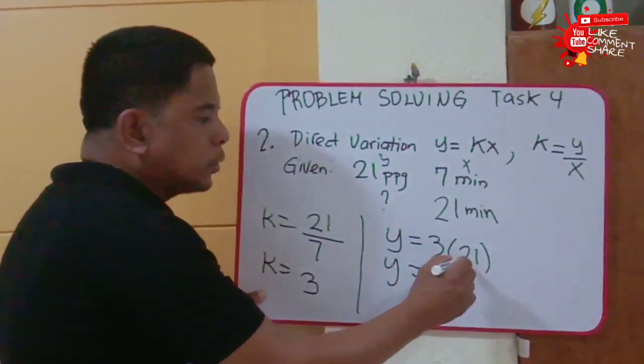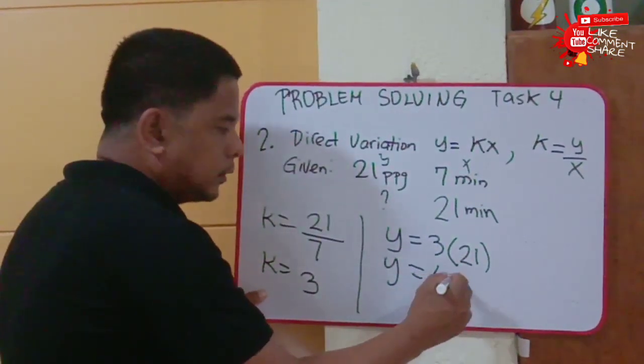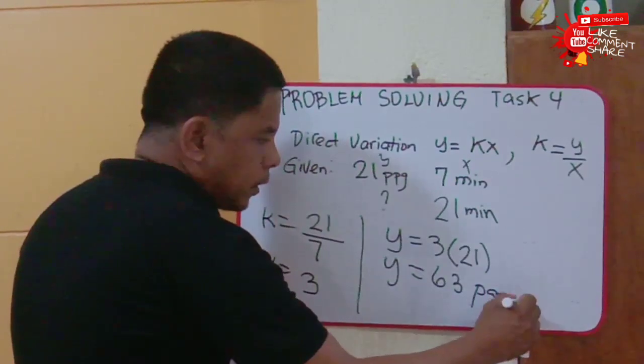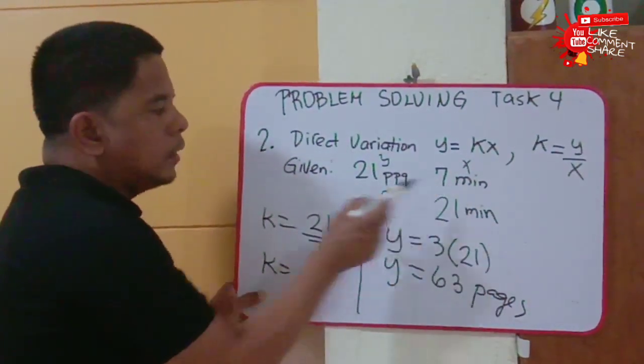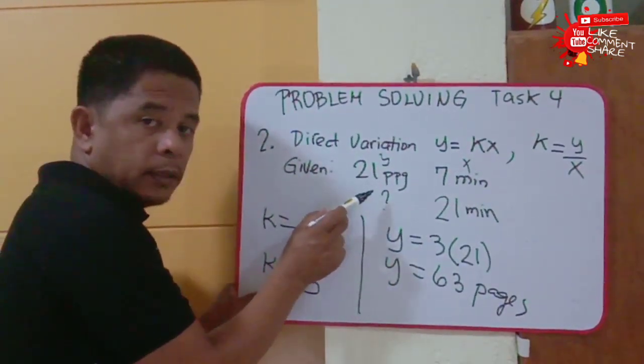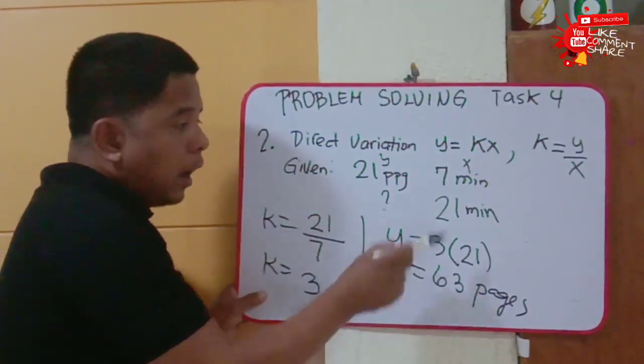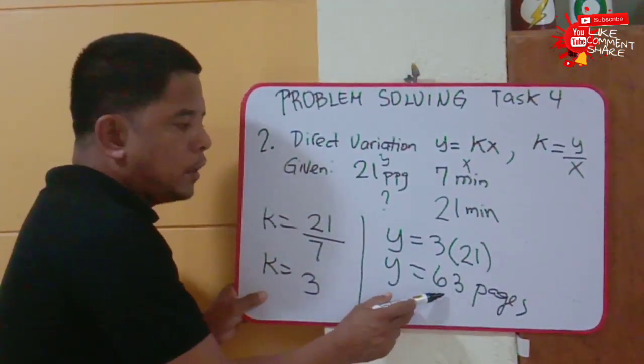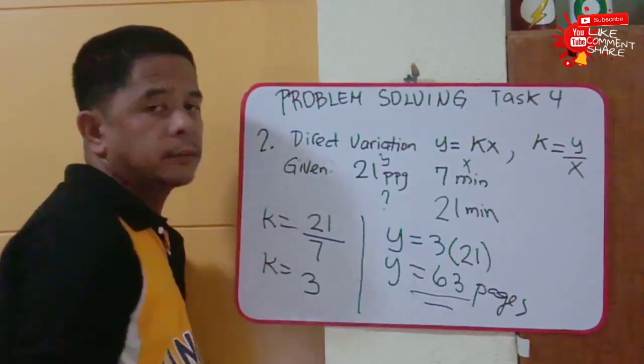So, 3 times 21, that is 63 pages. For every 7 minutes, may 21 pages na nababasa si Ethan. At for every 21 minutes, merong 63 pages na nababasa si Ethan.